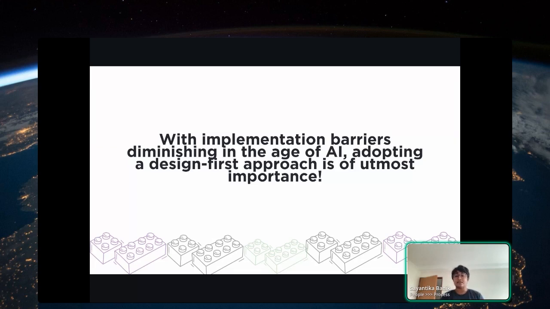But in that scenario, the most important thing should be given to the architecture, an architecture that survives when all this dust settles down, all the hype, all the talks and shiny objects around, but something that stays after maybe 15 or 20 years. If we think in that big picture, we should start thinking more in terms of a design first approach rather than a tool or technology first approach.